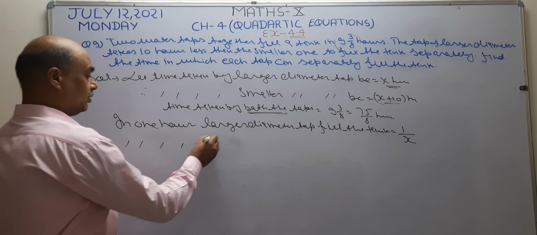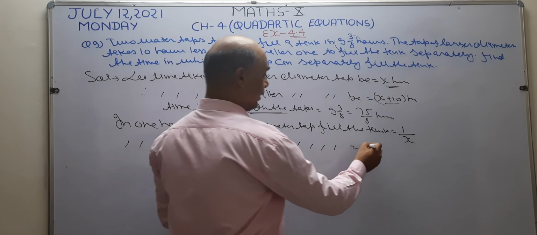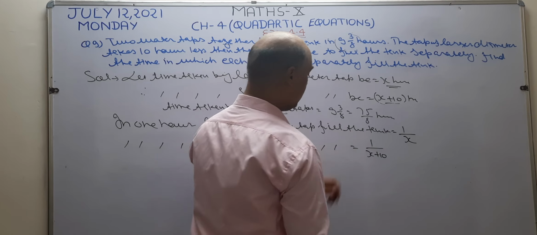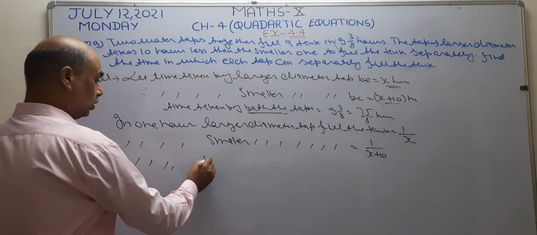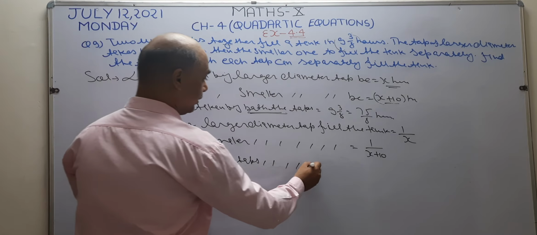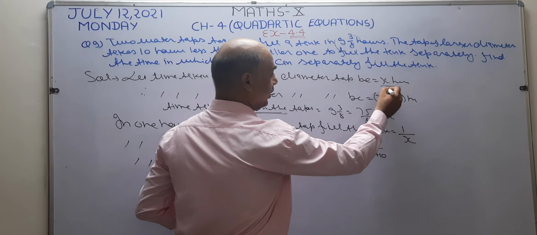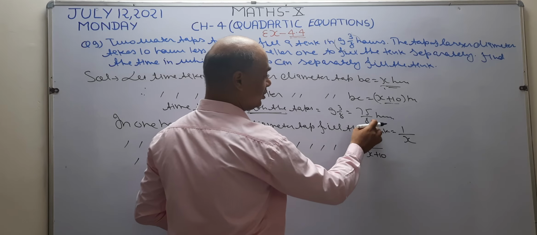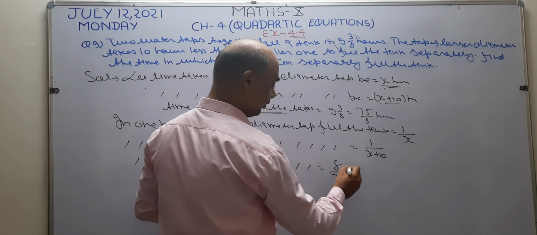In 1 hour, the smaller diameter tap is going to fill the tank 1 upon x plus 10. And in 1 hour, both taps are going to fill the tank. I take the reciprocal of x as 1 by x, and the reciprocal of this as 1 by x plus 10. In the same way, I take the reciprocal of this number. The reciprocal of this number is 8 by 75.